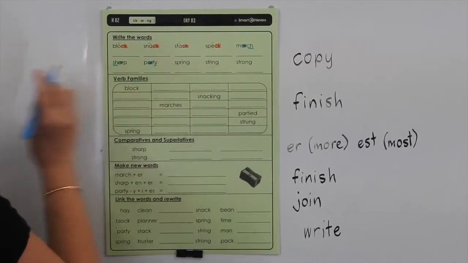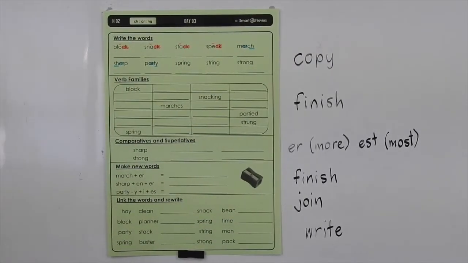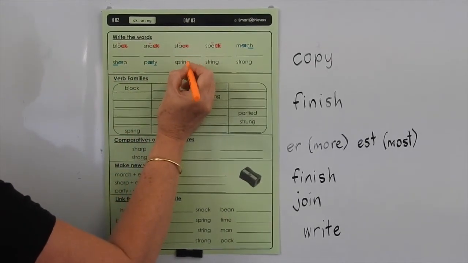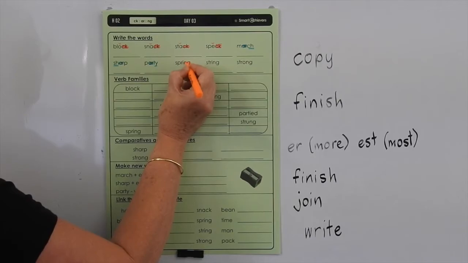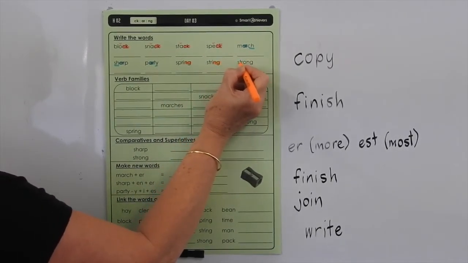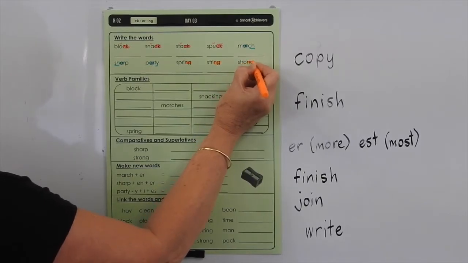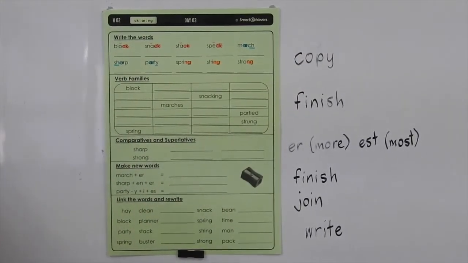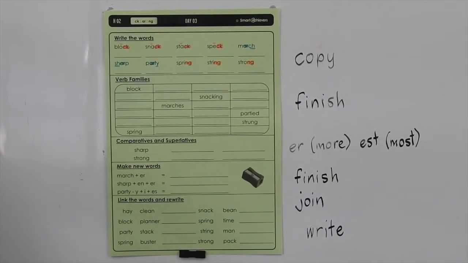In spring, we've got the ng sound at the end. The NG is making the ng sound, so I've got spring, string, strong. So we've discussed what those meanings were on day 2, so now we're looking at how to extend those words on day 3.